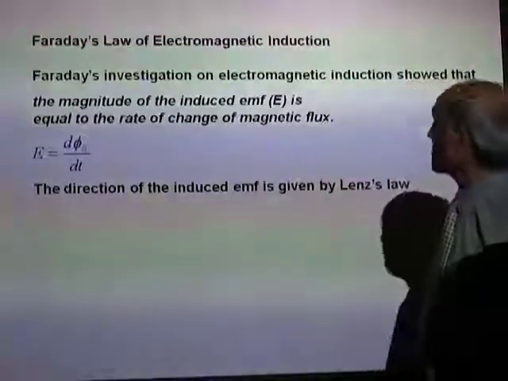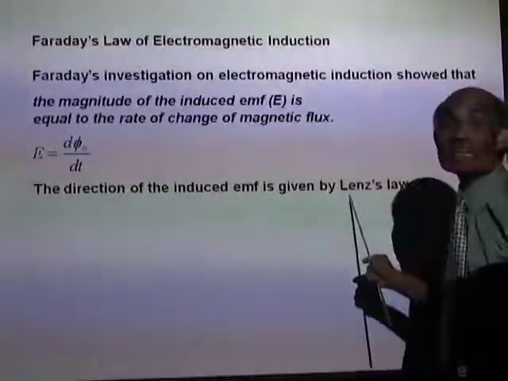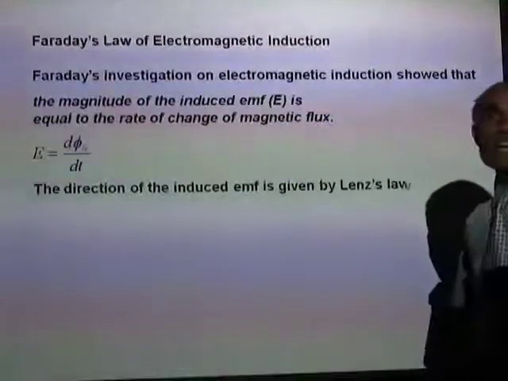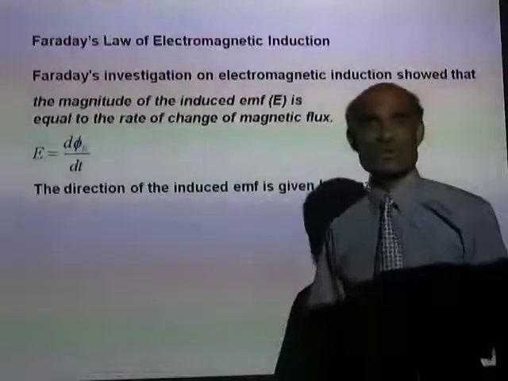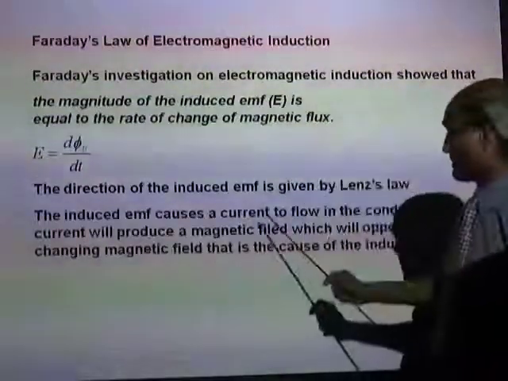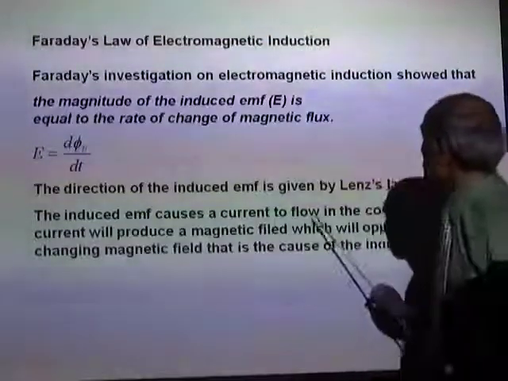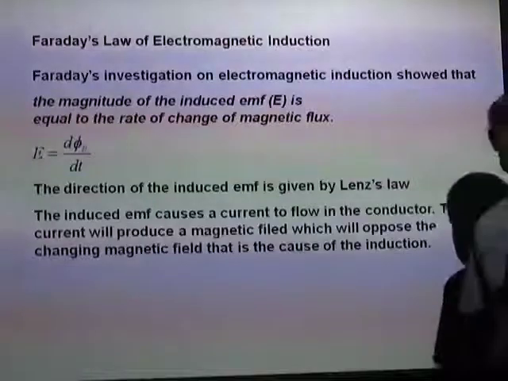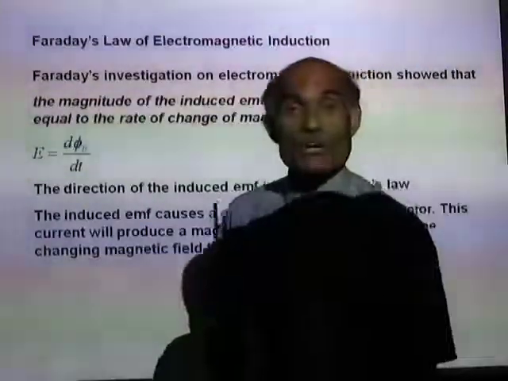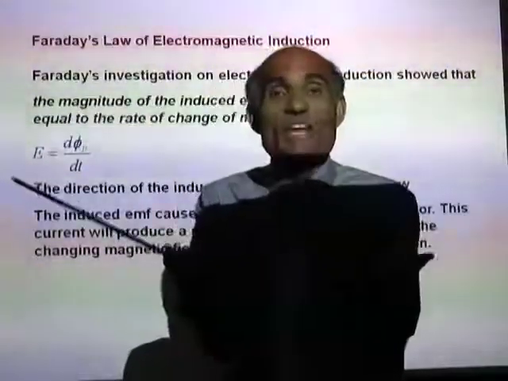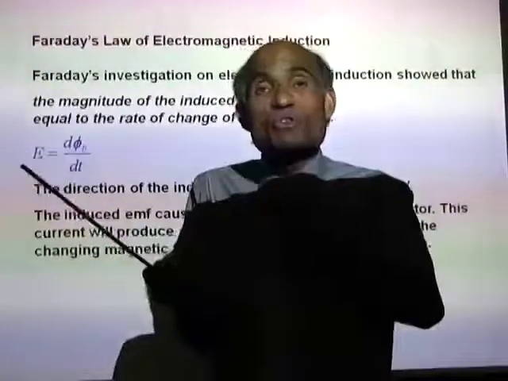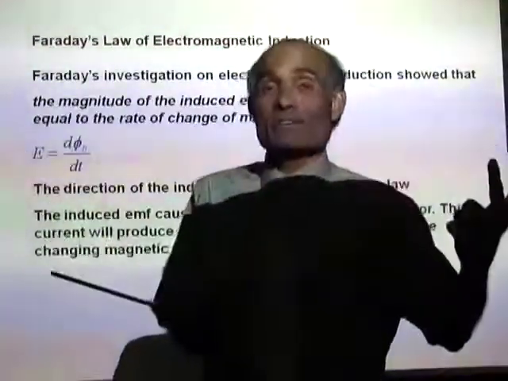The direction of the induced EMF is given by another law called Lenz's law. Now, the induced EMF causes a current to flow in the conductor. Is that right? Yes. But whenever there is a current flowing in a conductor, that current will produce a magnetic field.